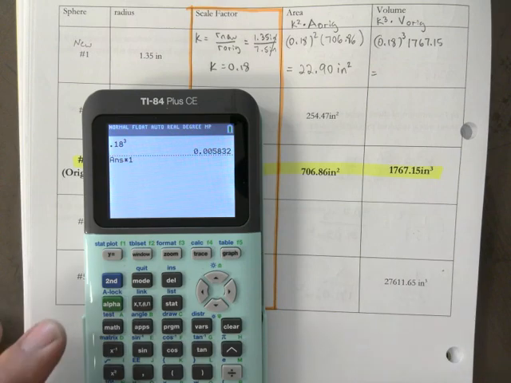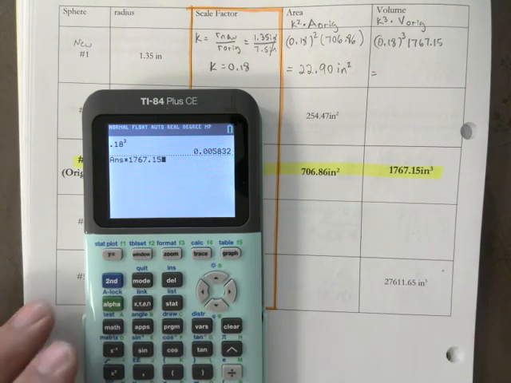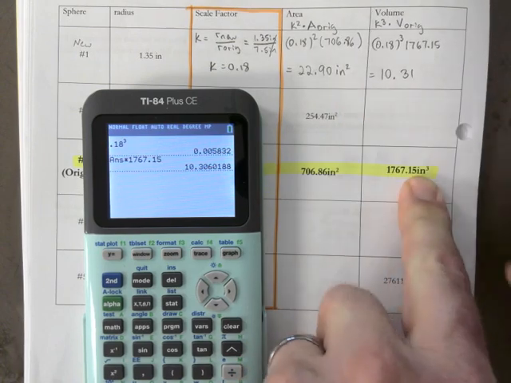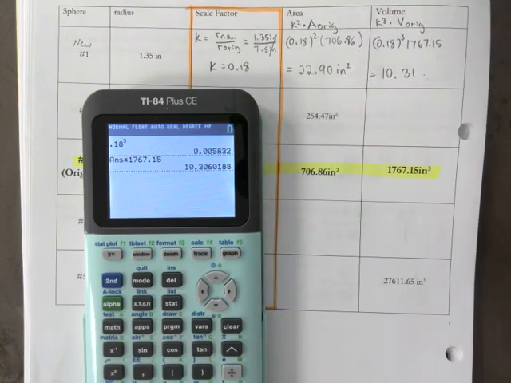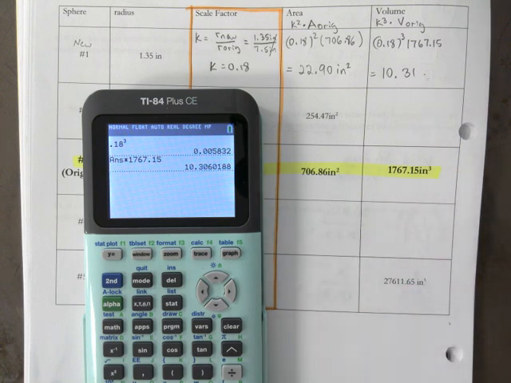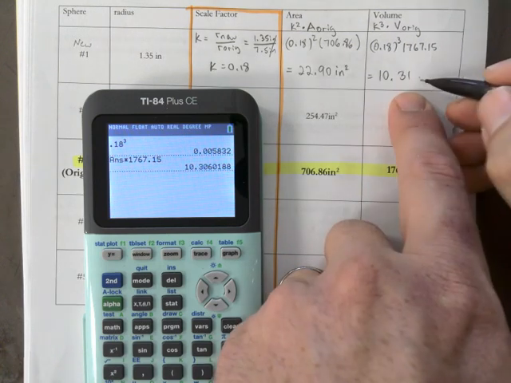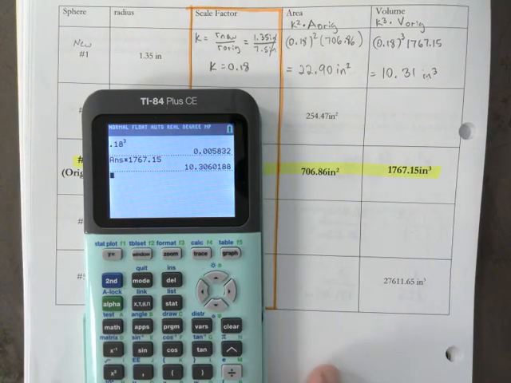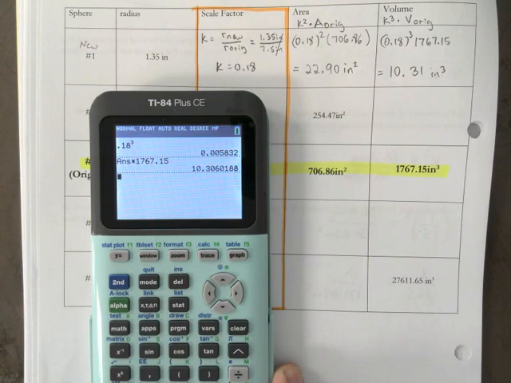Multiply that by 1767.15. And there you have it, 10.31 cubic inches. Cubic inches. And there you have the full shape filled in.